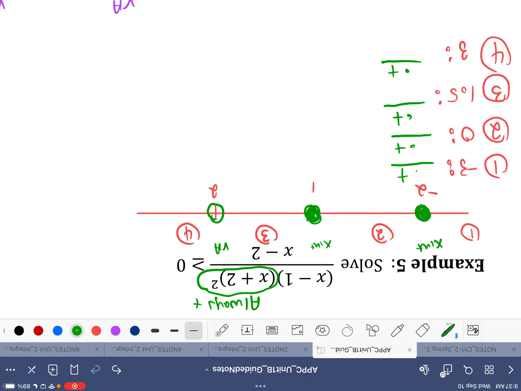So when I'm plugging in -3, I have negative over negative, which is a positive. And I wanted it to be bigger than 0, I wanted a positive. So I'm shading over here. Plugging in 0, I have negative over negative, which is another positive. So I would shade there too.